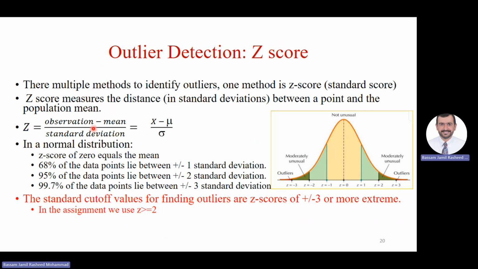So one technique to find those outliers, there are multiple methods to identify outliers. One of them is the z-score. This is a very simple method. The z-score measures the distance in standard deviations between a point and the population mean.